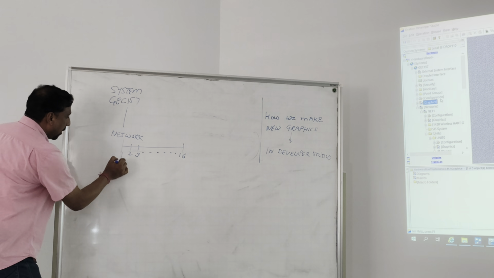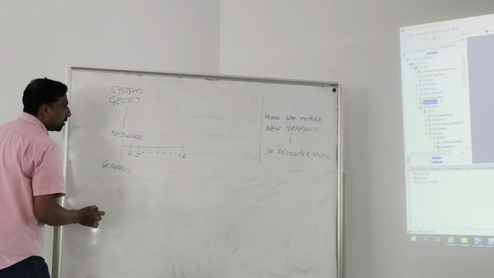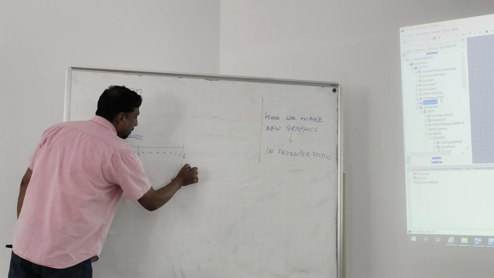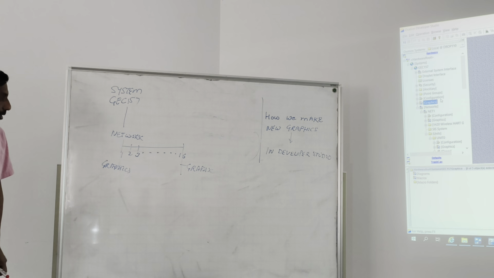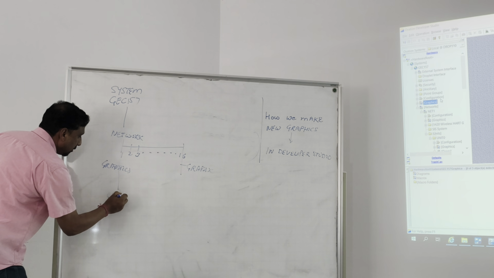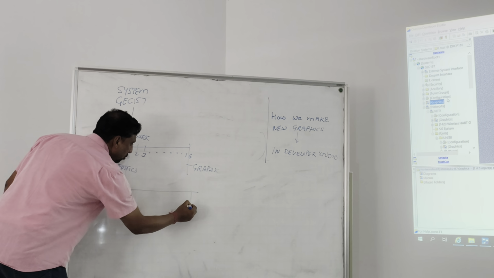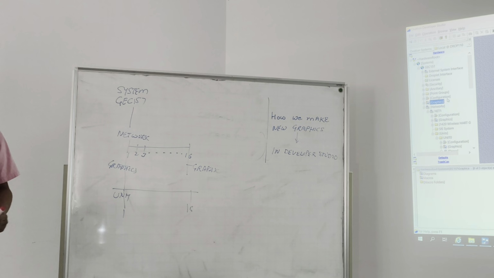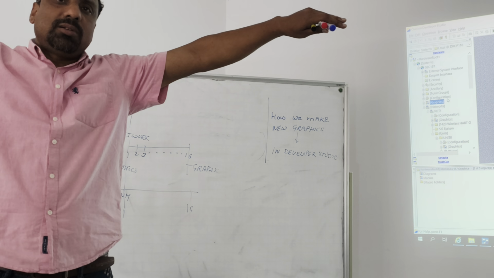Each network has graphics here. Each one has graphics. Then unit. You can make 60 units, 1 to 60. So it is used when you are segregating more.